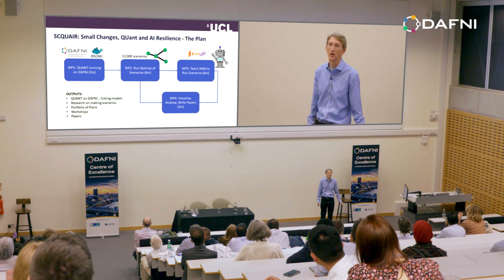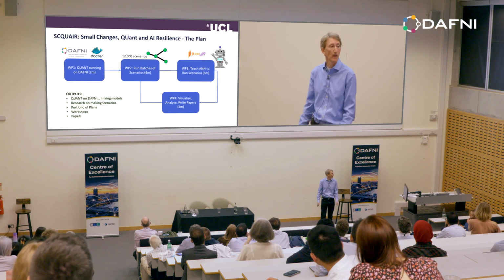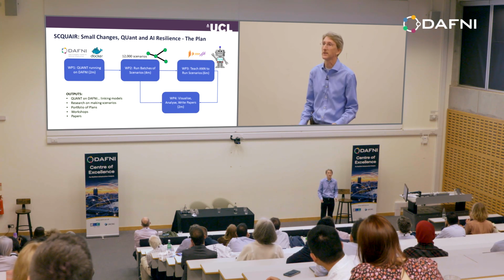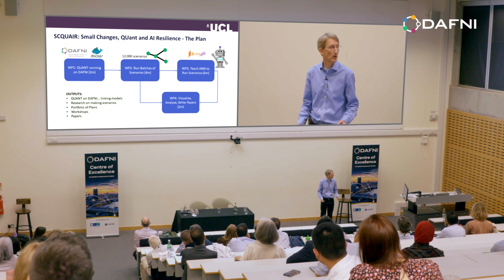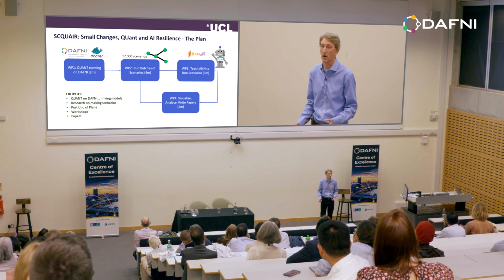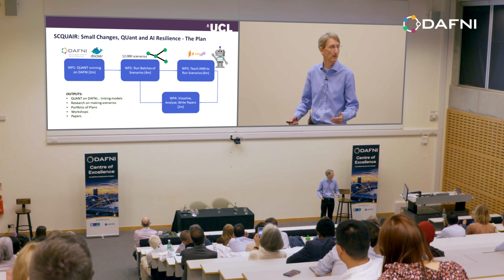This is the project. So work package 1, we implement QUANT on DAFNI. Now, the idea for doing that is that we can then run large numbers of batches of scenarios. So to date, we run about 12,000 scenarios. We'd like to ramp that up by a factor of 10 or 100 by using the DAFNI platform. Now, once we've generated all those scenarios, we can then use those scenarios as the training data for an artificial neural network model, which we can then teach to build its own scenarios.